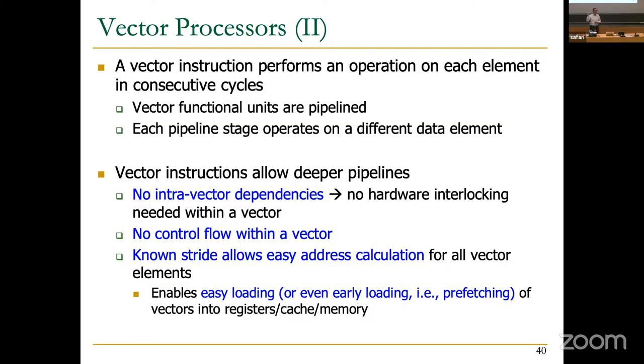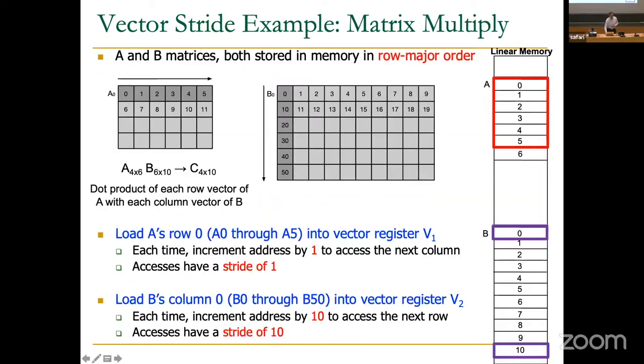We're going to eliminate a lot of the control flow from a scalar program soon. And there's a known stride, right? You know the stride. This allows easy address calculation for all vector elements. Like if you go back over here, you always calculate the address by incrementing it by 1. Here, when you're loading this column, you always calculate the next address by incrementing it by 10. So you have a known stride, essentially.